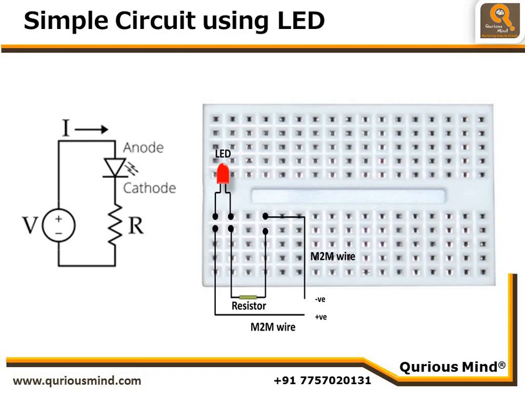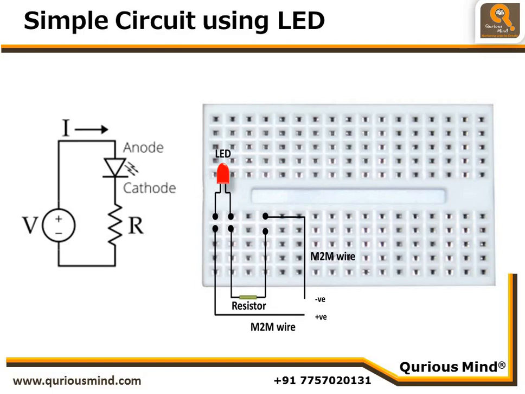Now let's consider if I want to control the LED using Arduino. What should I do? It is clear that we cannot connect the negative of this to the Arduino negative and the positive to the Arduino positive or 5-volt pin. The reason is, in that case the LED will be continuously glowing, and what we are interested in is controlling the LED.